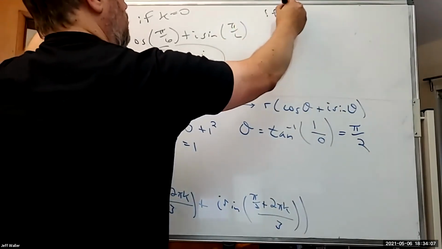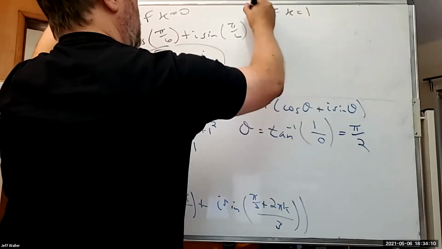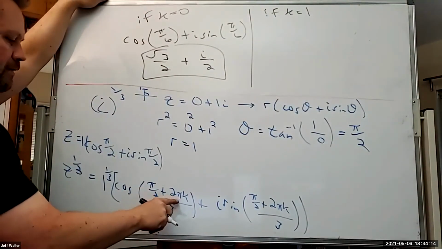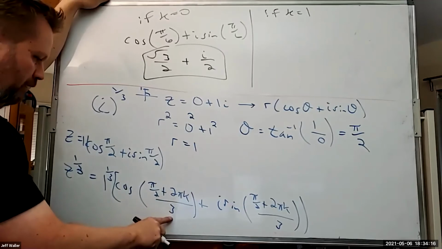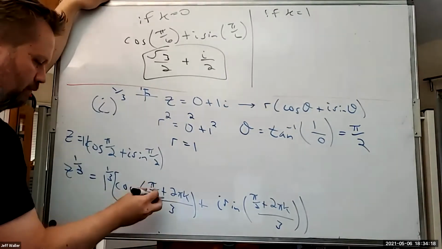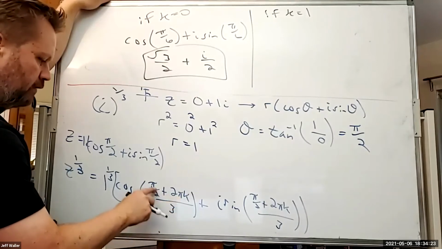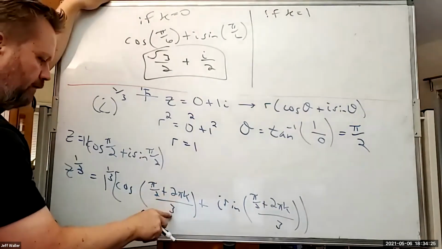If k is 1, I get cosine of pi over 2 plus 2 pi over 3. Let's do this better. Pi over 6 plus 2 pi over 3 is pi over 6 plus 4 pi over 6, which is 5 pi over 6.